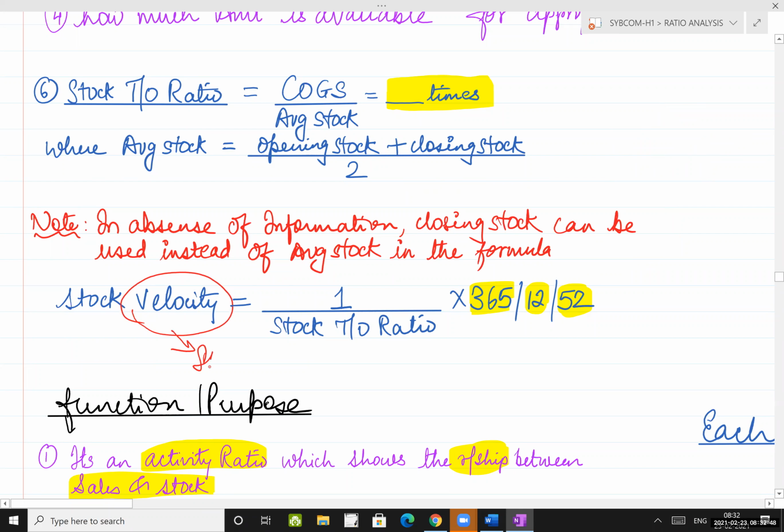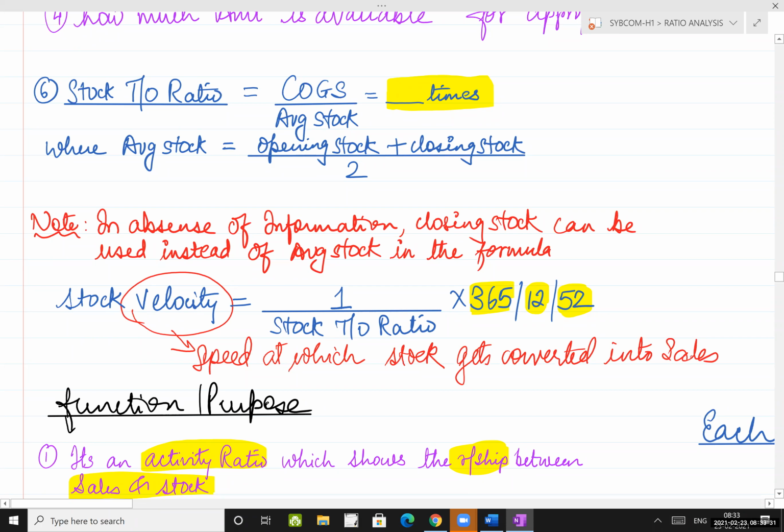Velocity means the speed. So we want to calculate the speed in terms of days or months or weeks, which will depend on the question obviously.